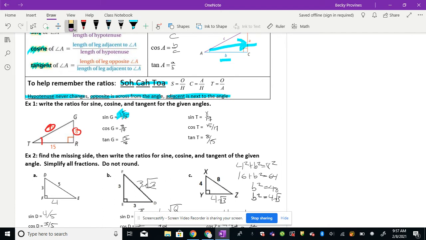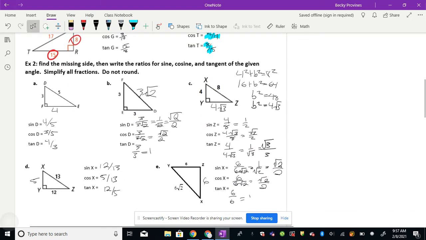Cosine of T, we're going to have adjacent, so 15 over 17. So we got 8 over 17 for sine, 15 over 17 for cosine. And now we are left with tangent of T. So we have opposite, which is 8, over adjacent, which is 15. So we are left with 8 over 15.